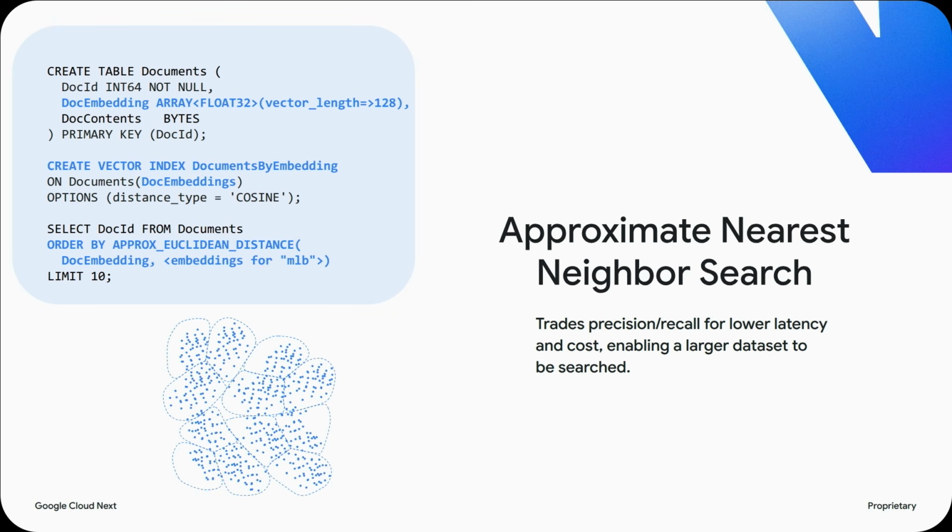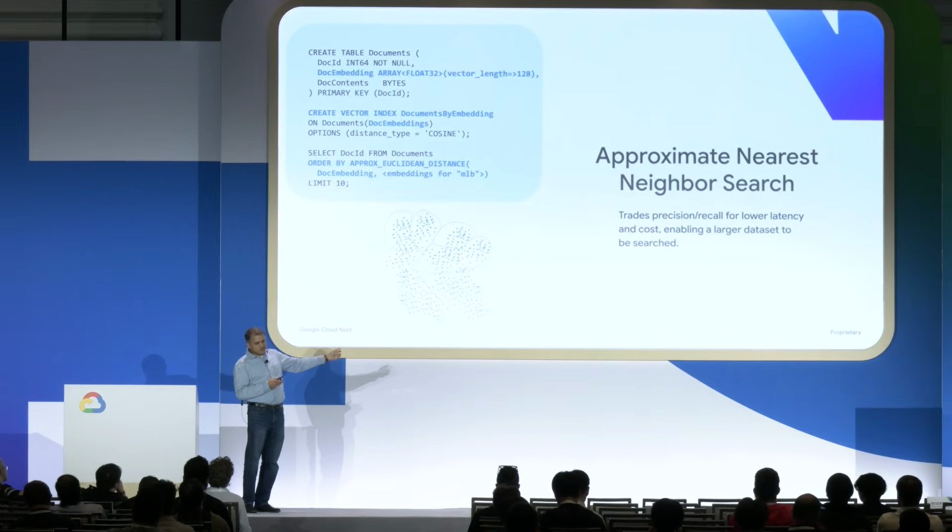So when you're actually doing your search, which is the bottom select statement right there, you basically say, OK, find me all the documents that correspond to this search term MLB. So we compute the embedding for MLB, and then use our index to figure out what are the best matches, right?